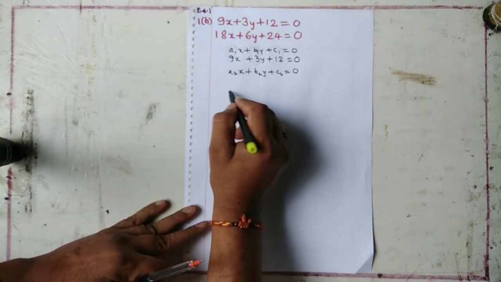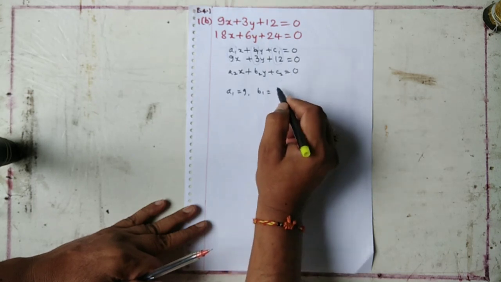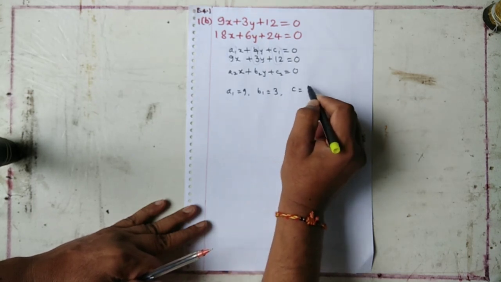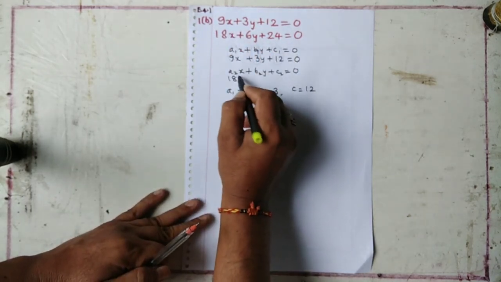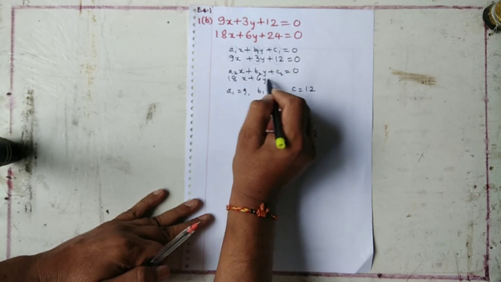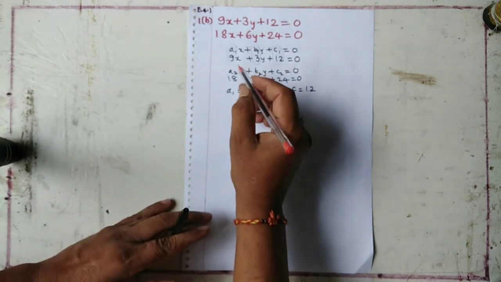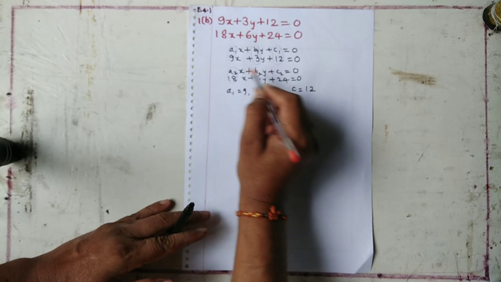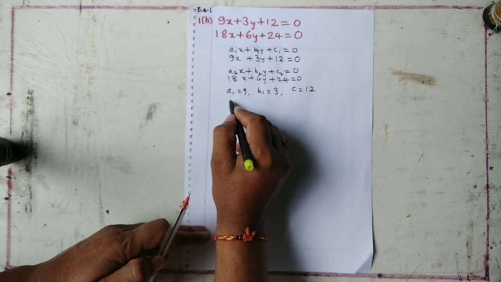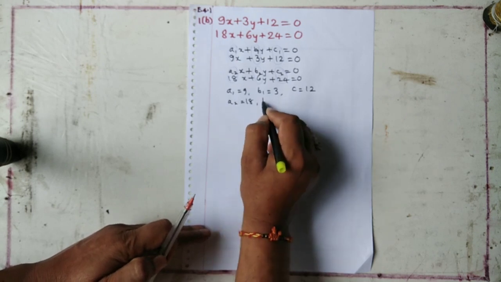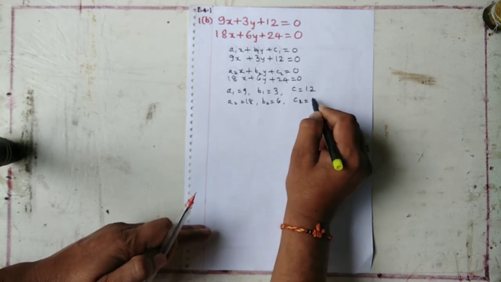We have a1 is equal to 9, b1 is equal to 3, c1 is equal to 12. And the second equation 18x plus 6y plus 24 is equal to 0. On comparing, we have a2 is equal to 18, b2 is equal to 6, c2 is equal to 24.